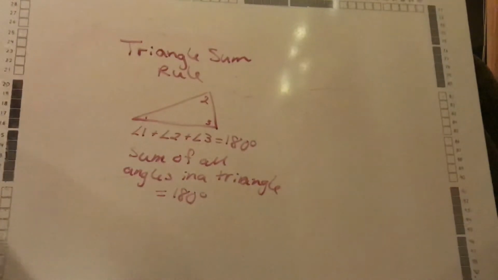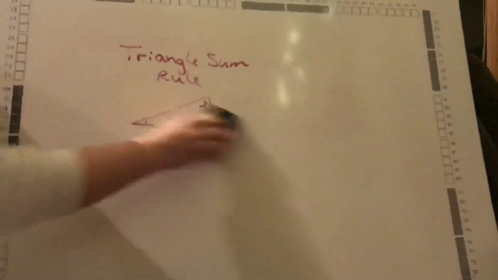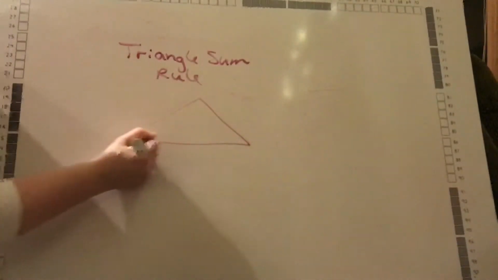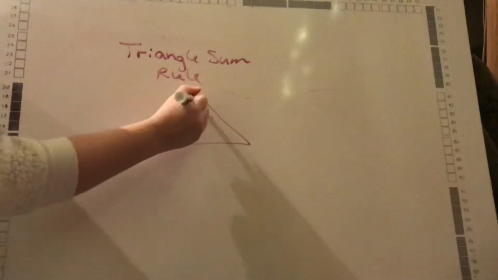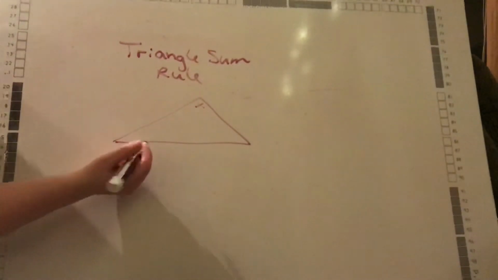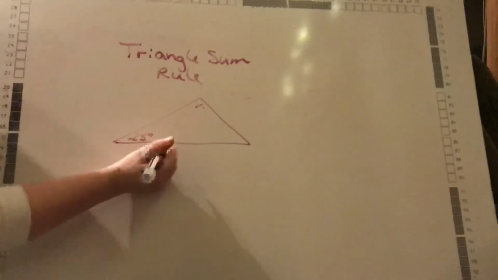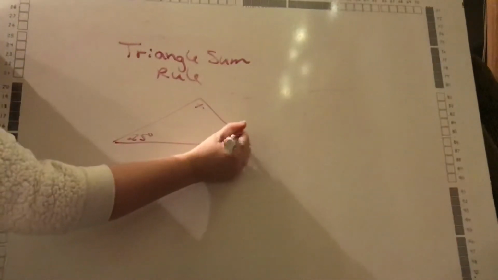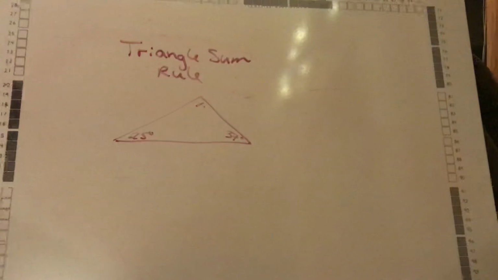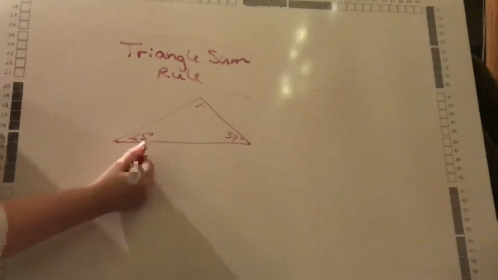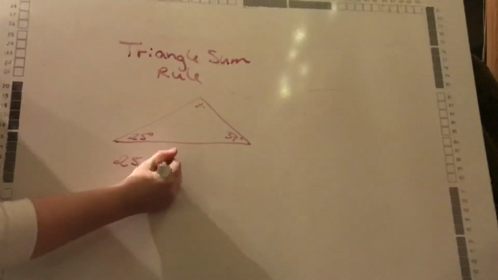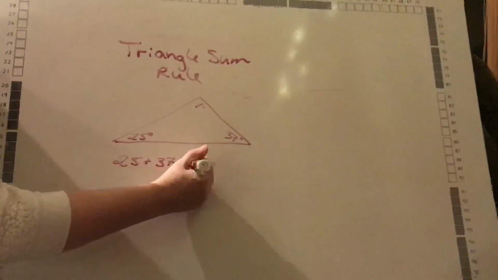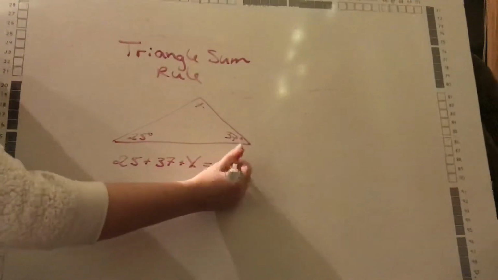So for example, if we have a triangle that looks like this, we don't know what that angle is. This one is 25 degrees. This one is 37 degrees. We can use our triangle sum rule, and we know that 25 plus 37 plus x equals 180 degrees.